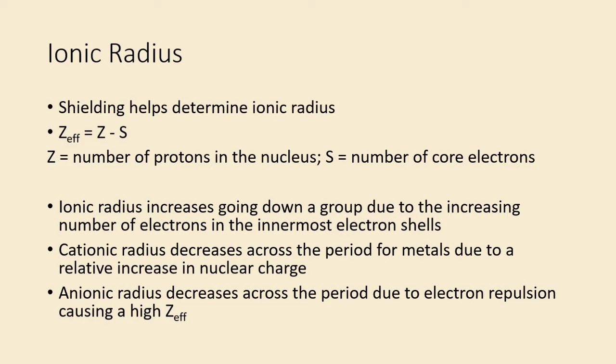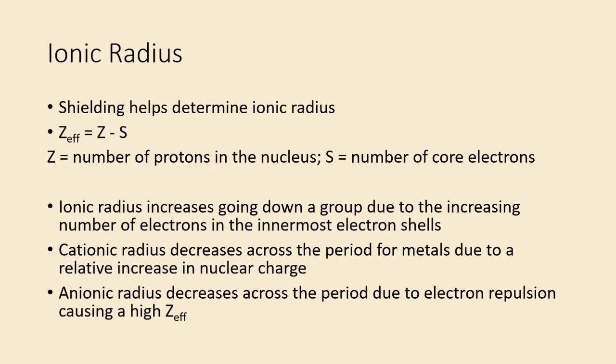Jumping back to ionic radius though, we're going to see the same trends. Ionic radius is also going to increase going down the group due to the increasing number of electrons in the innermost electron shells. And that's because we're increasing the number of core electrons, which means we're effectively reducing the number of protons exhibiting a pull on my outer electrons. Our cationic radius is going to decrease across the period for metals due to a relative increase in nuclear charge.